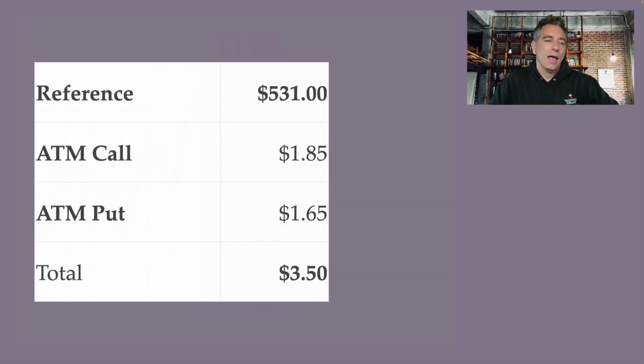Now, the reference at the market, ATM puts and calls, 0 DTE, expiring that day. Reference was 531. If you would have purchased a put and call at the money, ATM, when the SPY stock was trading at 531, the total was $3.50. That is outstandingly expensive. The reason? Real simple.